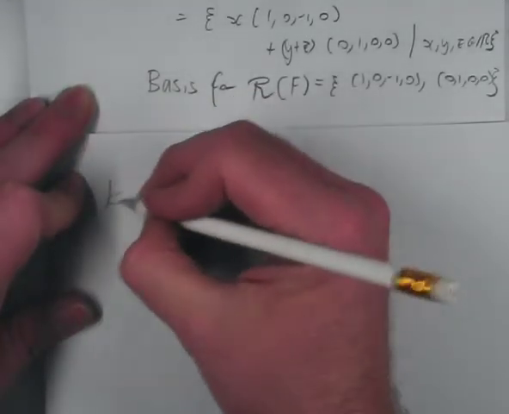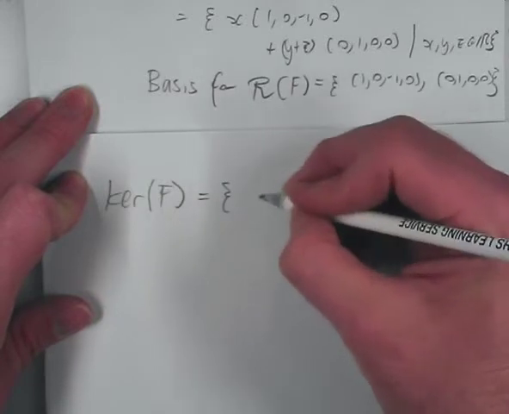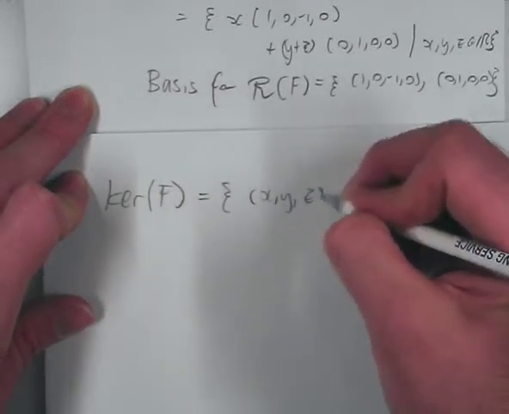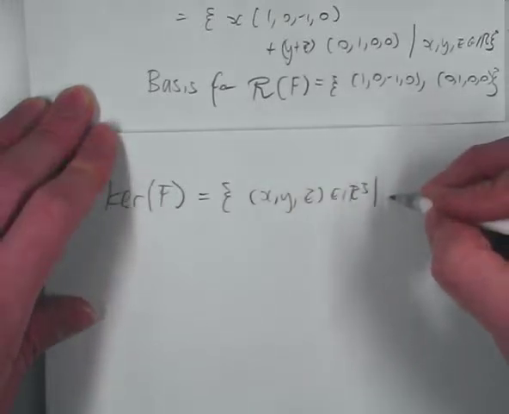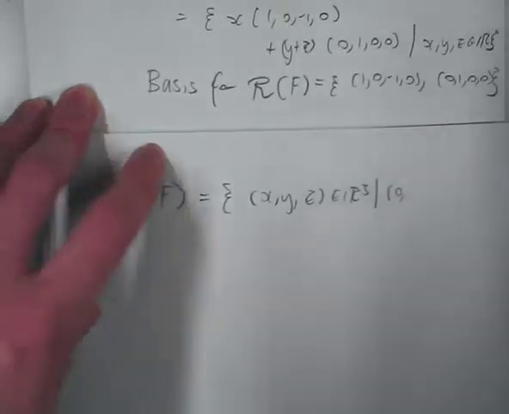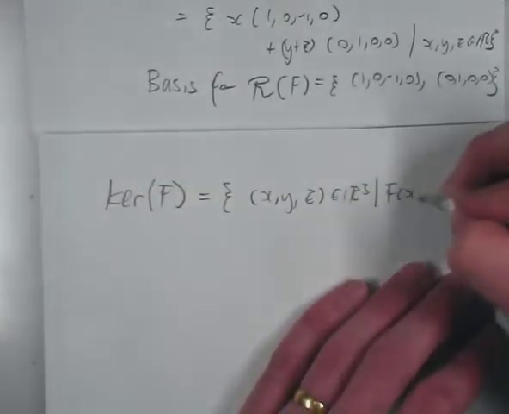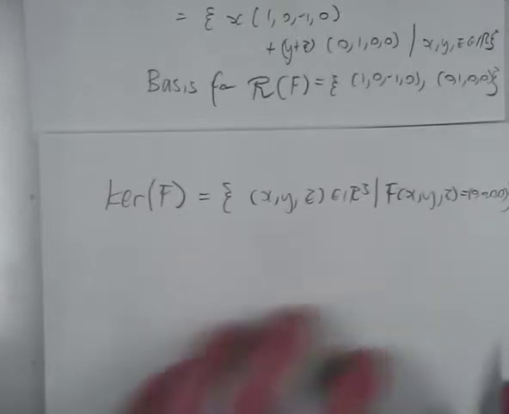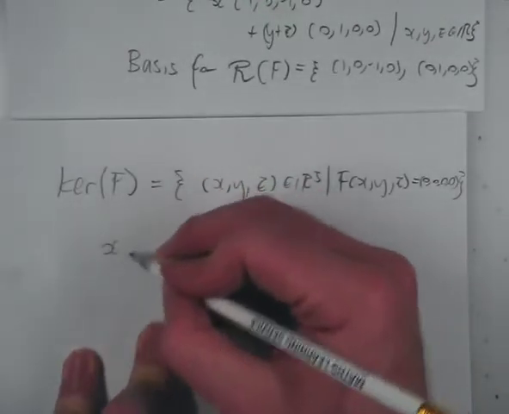The kernel of f is the set of x's and y's and z's such that the answer comes out to 0. And that has 4 coordinates there, which means that we want to solve this equation.